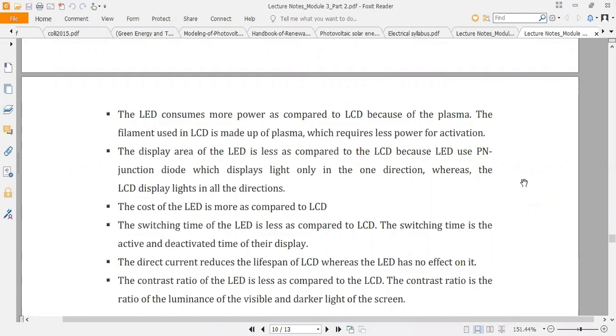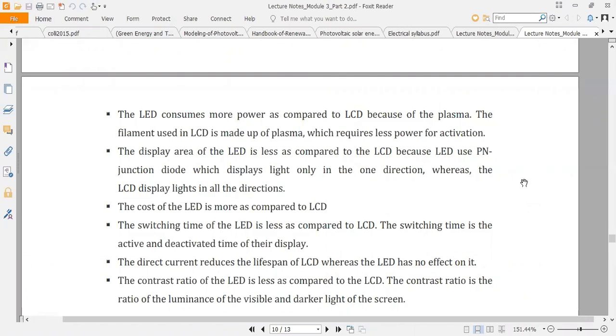So its focus, or you can say that its intensity, is little bit less since it emit light in all direction. So overall its intensity is less. Okay. So it require more area.